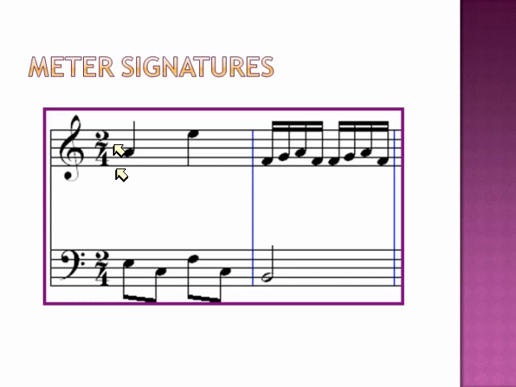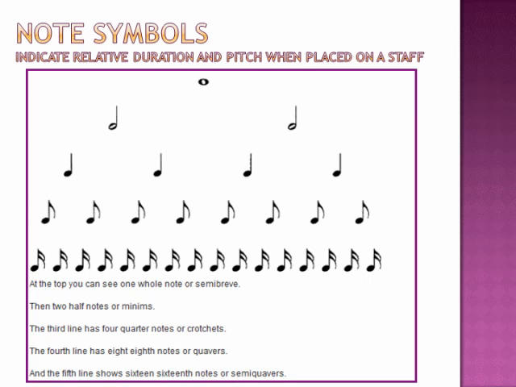This meter signature is 2/4, which means there are 2 beats in a measure and a quarter note is getting 1 beat. If there are 2 beats in a measure, then you can fill in that measure, or the bar, another word for measure is bar. You can fill it in with any equivalent that you want to, going back to how many quarter notes, half notes, whole notes, etc. equal each other.